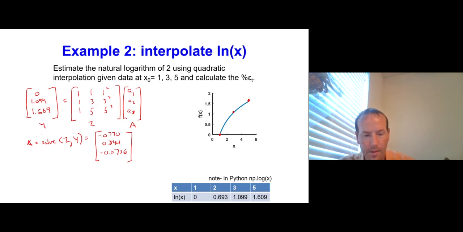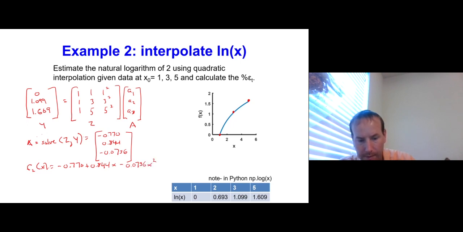And so then, in order to find out what the interpolated value is based on those coefficients, we need to plug them in. So f2 of x equals, and if you plug in the x value, f2 at x equals 2, you should get 0.6231.